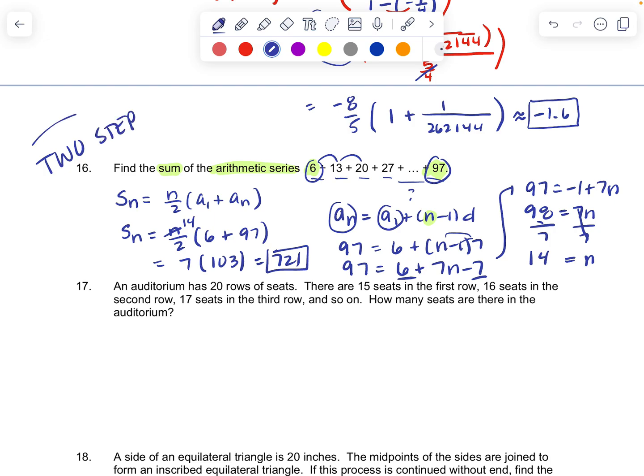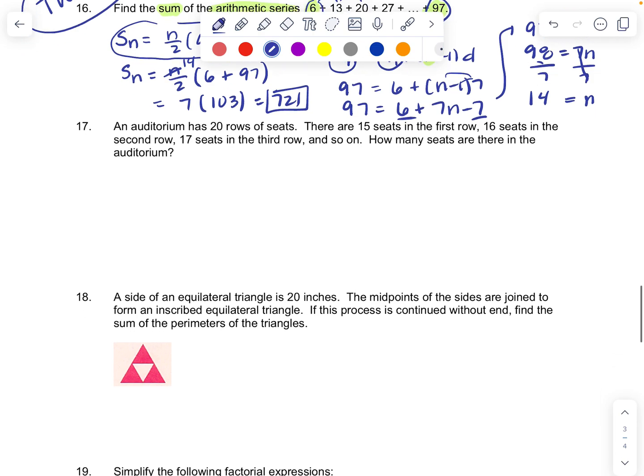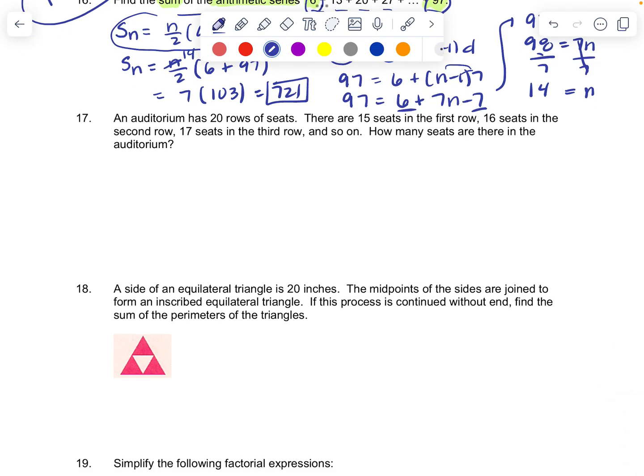Look, if you're plugging stuff into a formula and you're missing something, go to the other formula to try to find it, okay? All right, let's look at 17, almost done. An auditorium has 20 rows of seats. There are 15 seats in the first row, so row 1 has 15 seats.